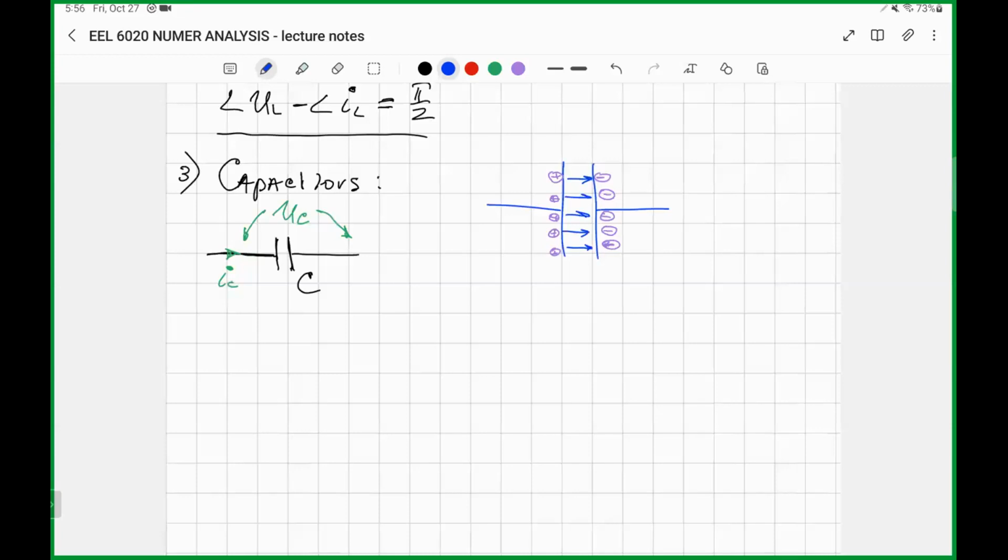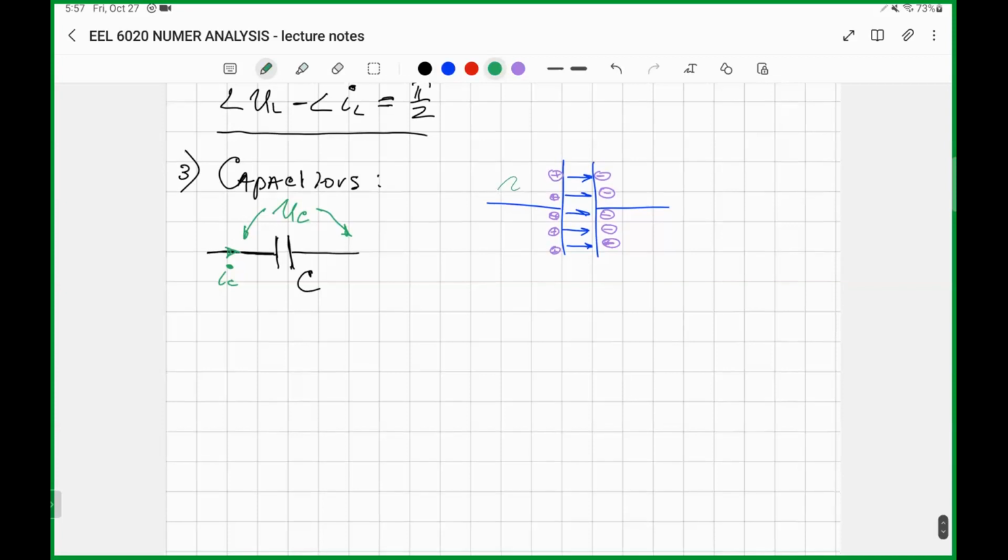If I connect this capacitor to a battery or to a generator, so that at one time instant I have minus here and plus here, some of these electrons start to flow, and we get current.